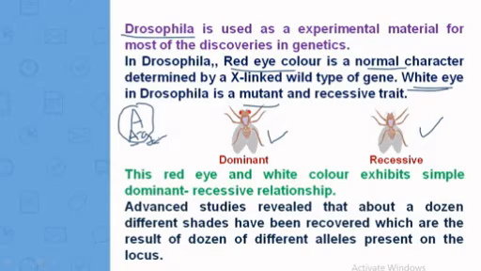But advanced studies observed that besides these two alleles, many other alleles are also present at this locus. A dozen alleles have been observed. In total 12 alleles have been recorded, and these are intermediates between the dominant and the recessive. One is responsible for red eye, and this other allele is responsible for white eye.